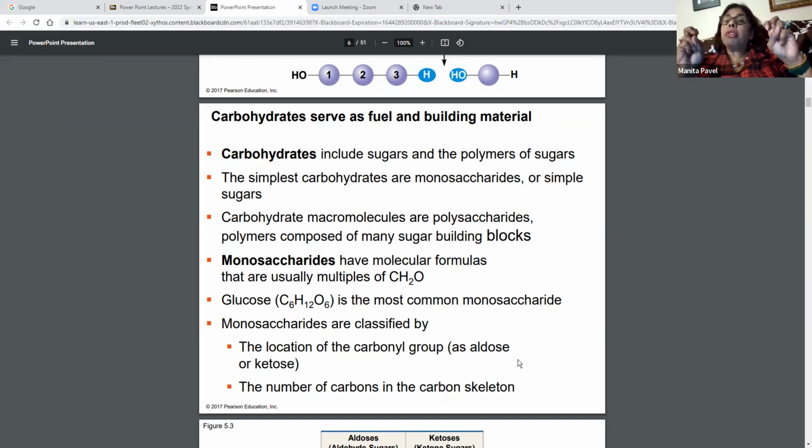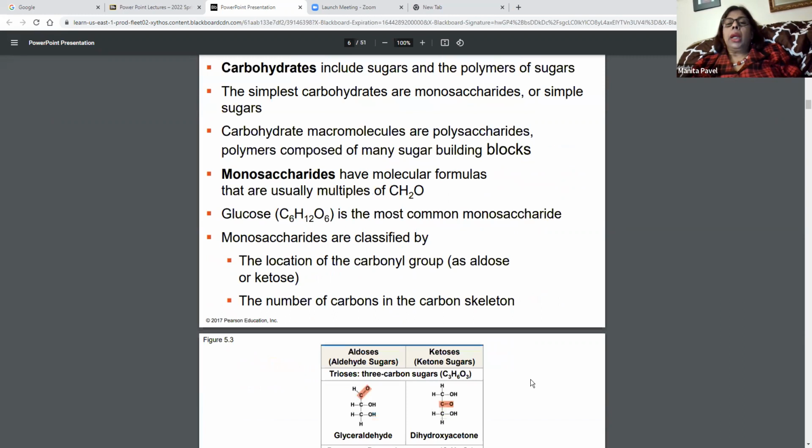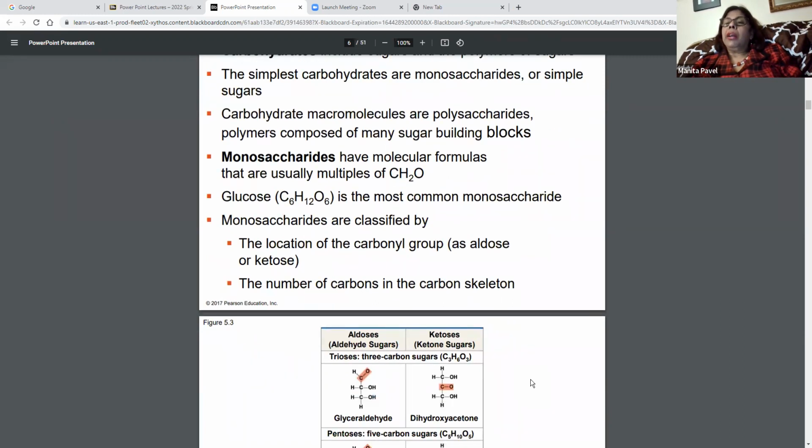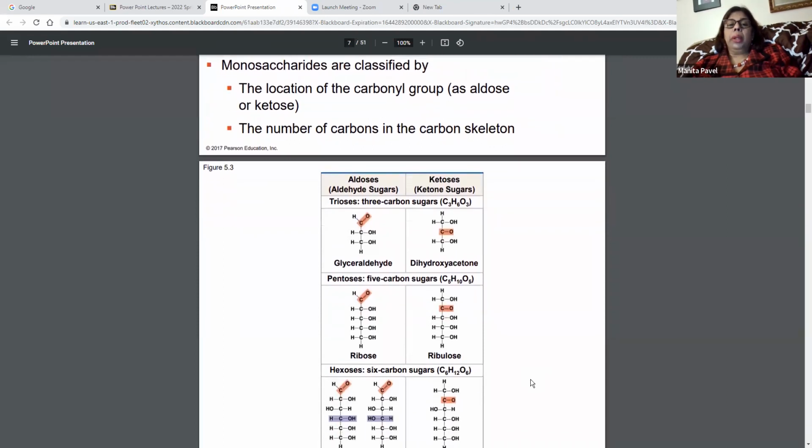The suffix of a sugar is OSE: glucose, fructose, galactose, lactose, maltose. These are all sugars. And the number of carbons in the carbon skeleton would also help to classify whether it's a monosaccharide, a disaccharide, or a polysaccharide. So we see the presence of the aldoses or the ketoses here. Aldoses, aldehyde group; ketoses, ketone groups.